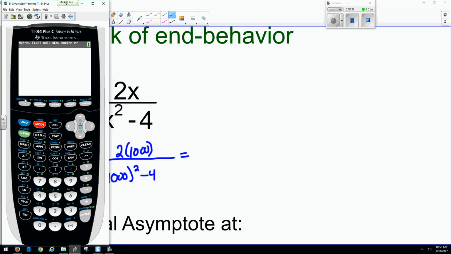All right, so I'm going to take 2 times 1,000 over 1,000 squared minus 4.